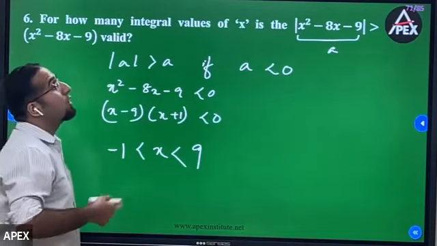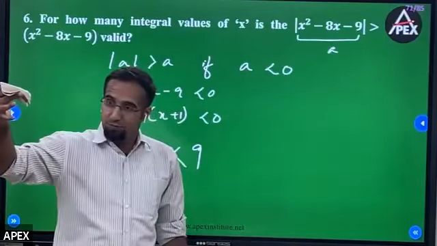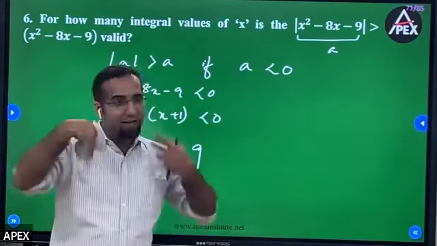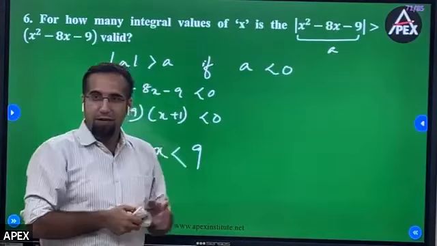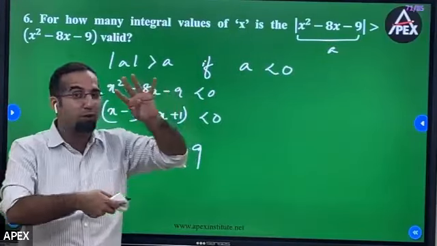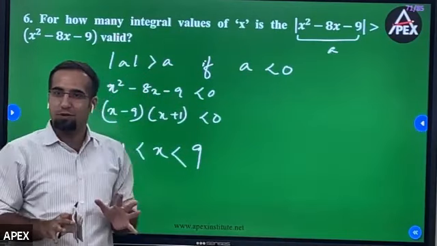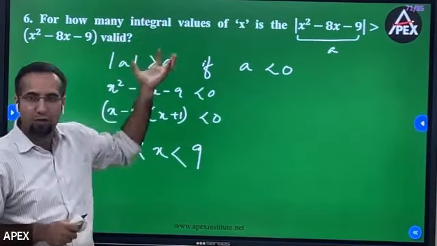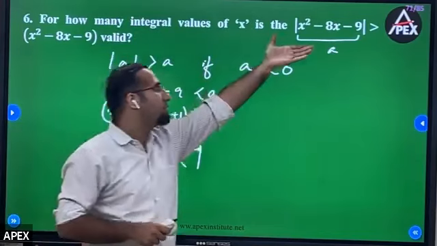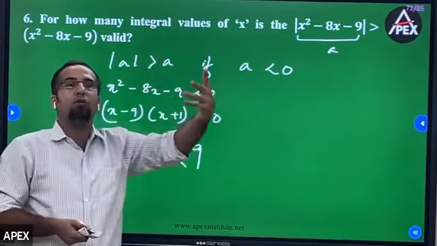You want to go mathematically, I think you can also go mathematically, but in that case, what you have to assume is x square minus 8x minus 9 is greater than 0. Oh, already an inequality was there. Right? And then you solve this and get one more inequality. So now you have to solve more inequalities, which might become very weird and very cumbersome. So there's a catch, because this is one of the actual catch questions. The catch here is that you observe both the equations are same. If both the equations are same, then you try a different approach.